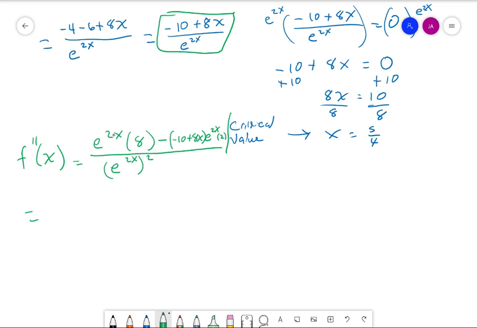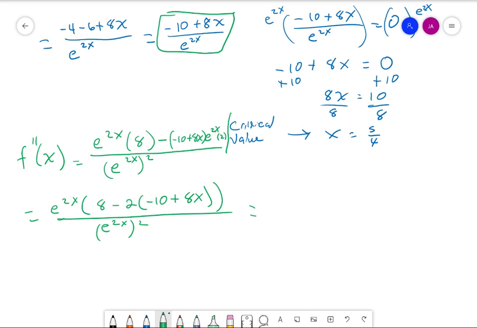But then e to the 2x will factor out again, so that's e to the 2x times 8 minus 2 times negative 10 plus 8x, all over e to the 2x quantity squared. But for simplicity, the e to the 2x divided by one of the e to the 2x's in the denominator is 1, and then in the numerator I'm going to be left with 8 plus 20 minus 16x, all over e to the 2x.